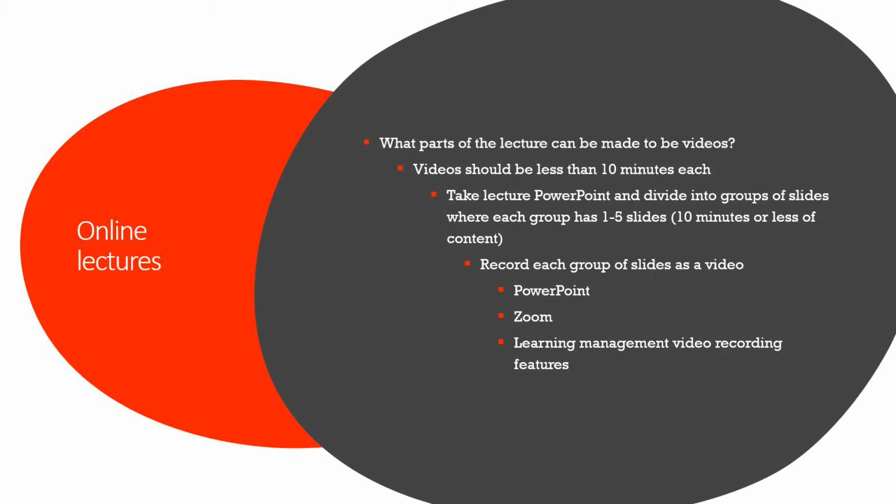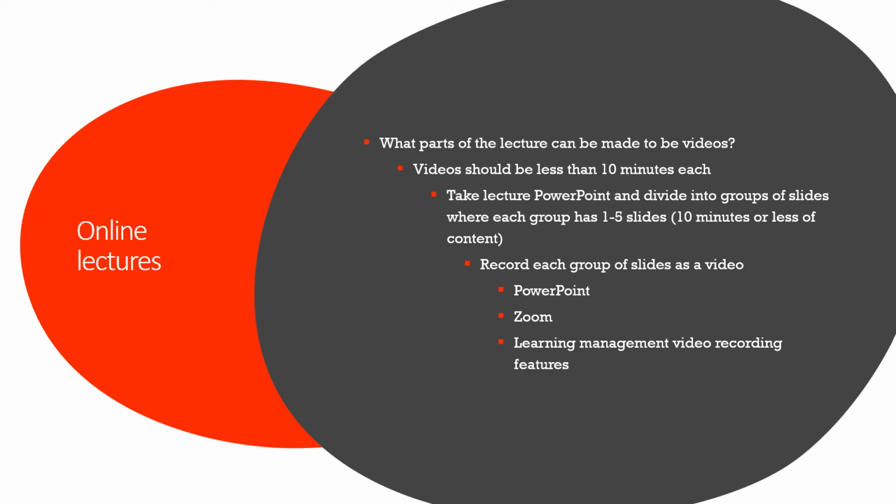But then what I do is I divide it into groups where each group has 1 to 5 slides. So I look and I try and break it up into subtopics, keeping in mind that it's 10 minutes or less. So even if I have a video that only has 1 slide and is only 3 minutes, if I've made another video be 10 minutes instead of 13 minutes, then that's usually better.